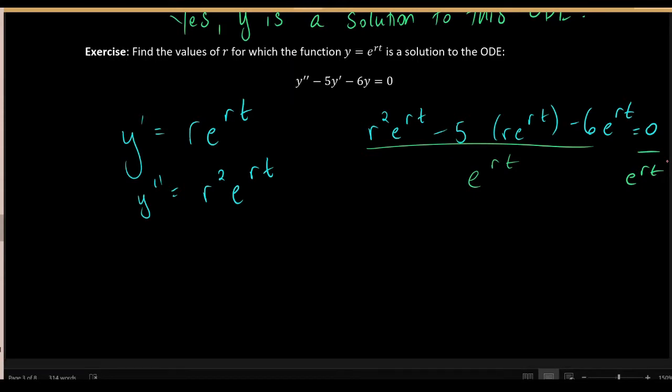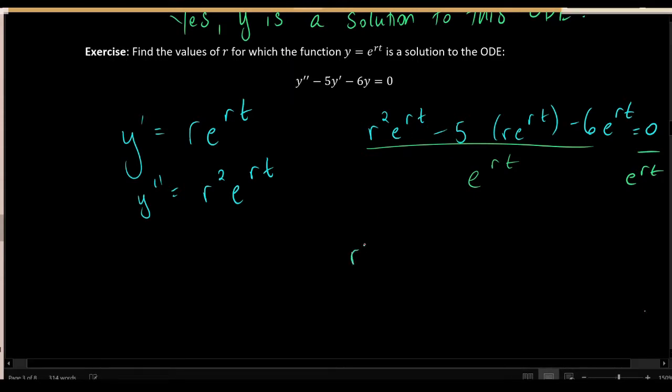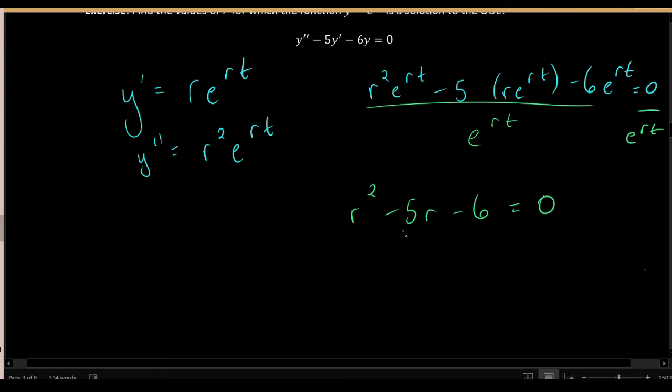And when I do this, what's left? What's left is the r squared from the first term, the negative 5r from the second term, the negative 6 from the final term. After simplification, if I'm saying that y equals e to the rt is a solution, then the inevitable consequence is that the r must satisfy this equation.